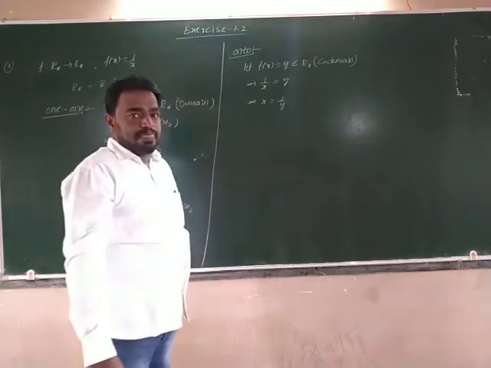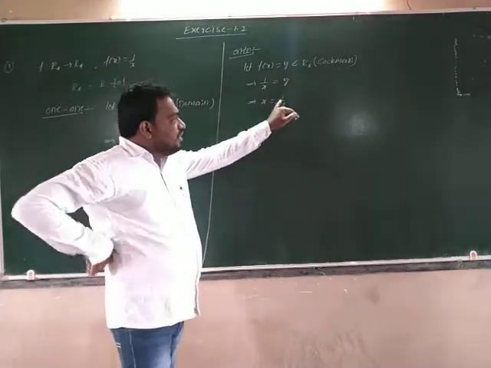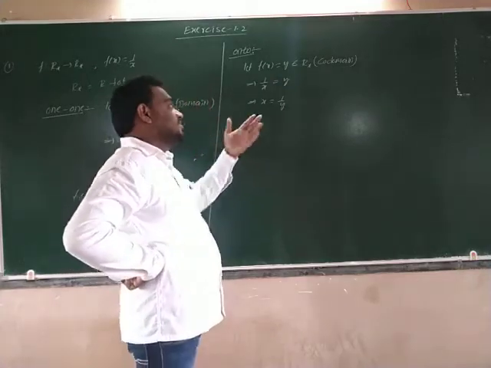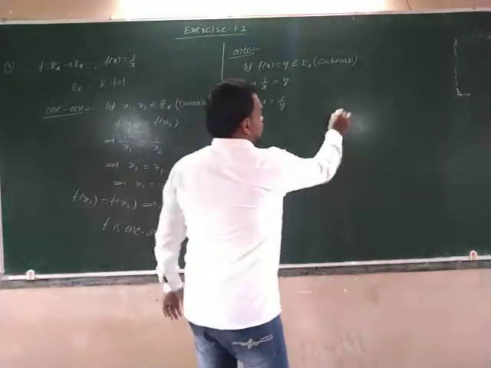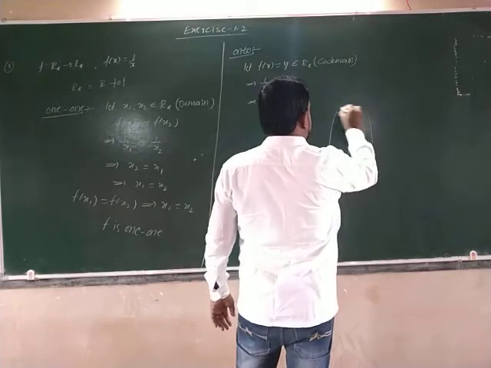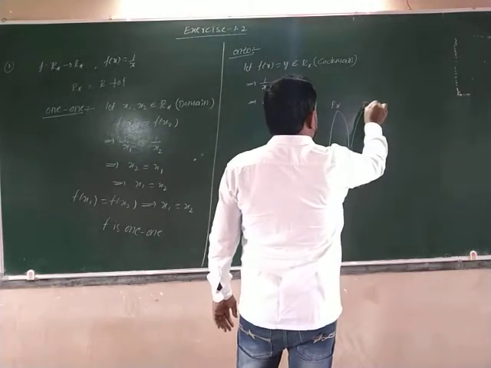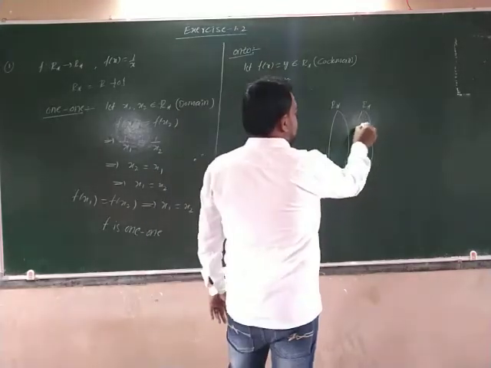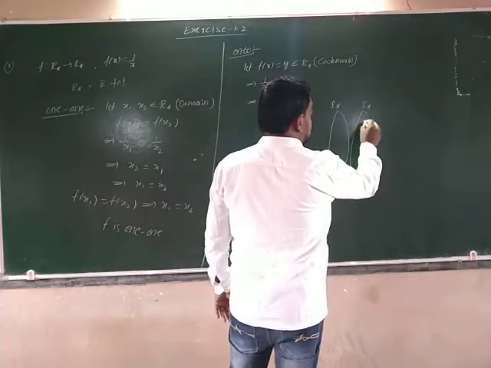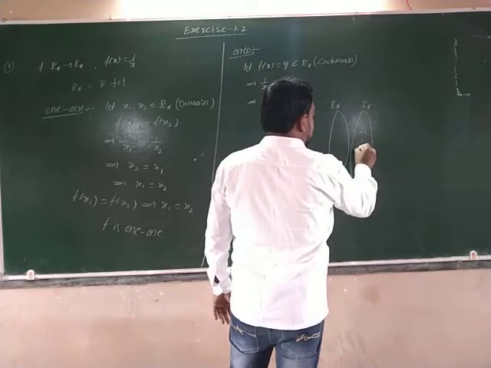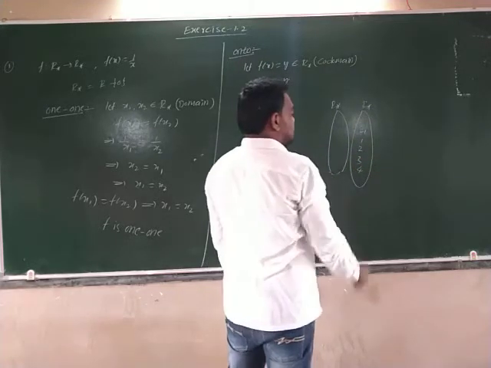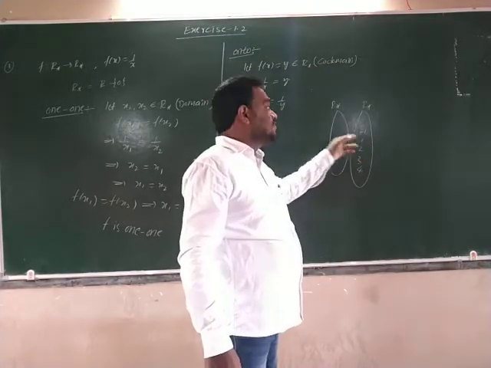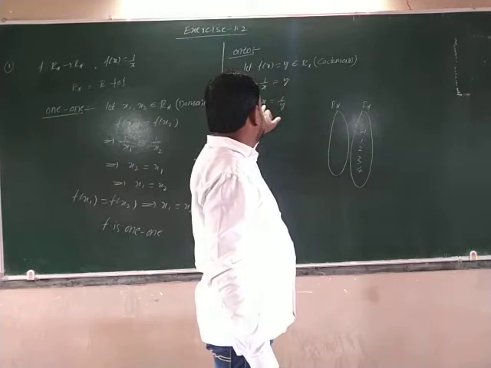That means corresponding to every y value, there is a pre-image. For example, this is the domain and this is the codomain, all real numbers except 0, so 1, minus 1, 2, 3, 4 like that. For example, for 1, the pre-image is 1 by 1, x is 1 by 1.